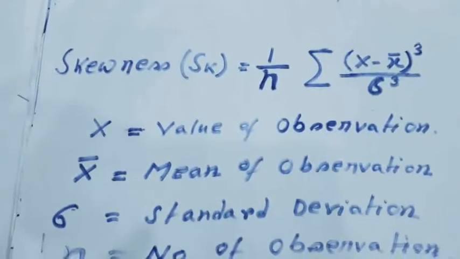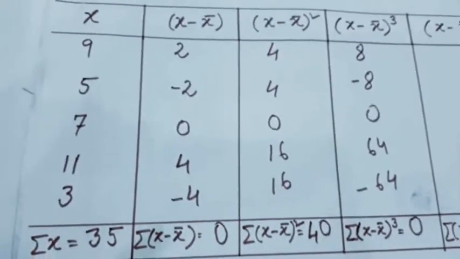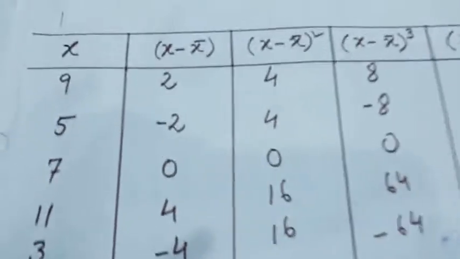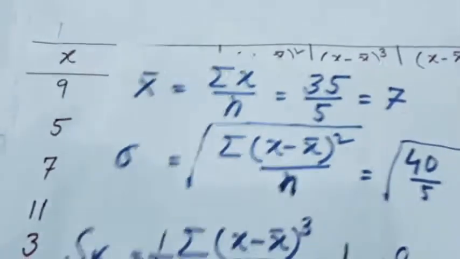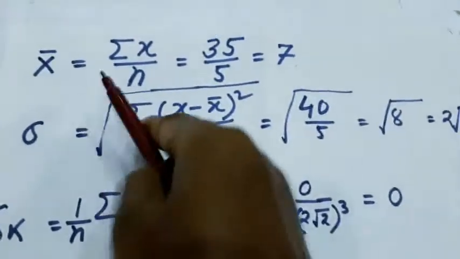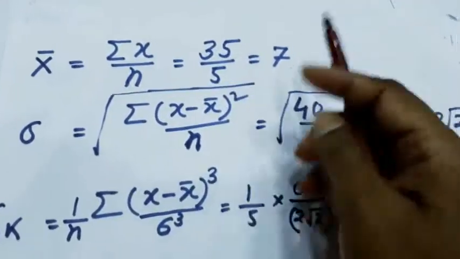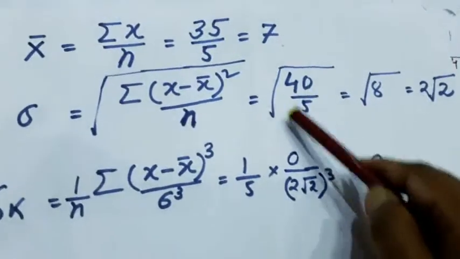Now we will put this value in the formula. If we put all this value in the formula, what we will get? x bar is summation x by n, 35 by 5, it is 7, sigma is root 8, 2 root 2.